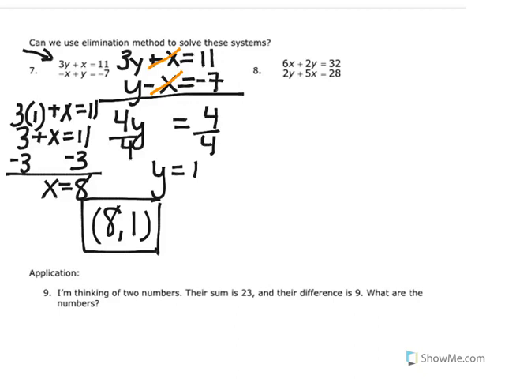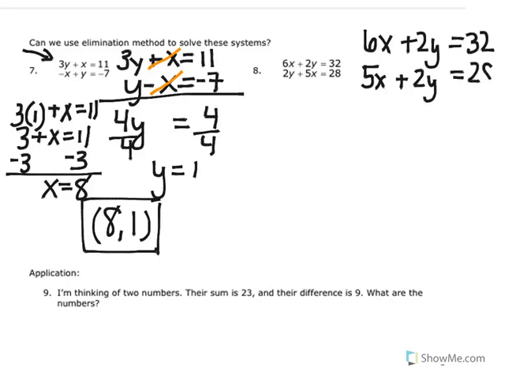Now let's look at number 8. It's a little more tricky. It's not arranged the same way. If I were to take the first equation and leave it as it is, 6x plus 2y equals 32, and rearrange the second equation, I get 5x plus 2y equals 28.